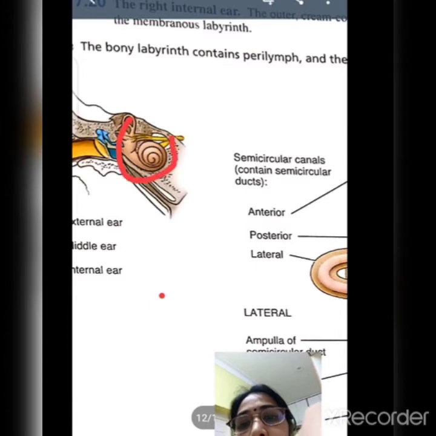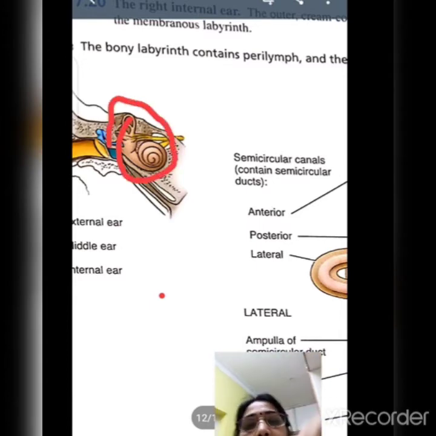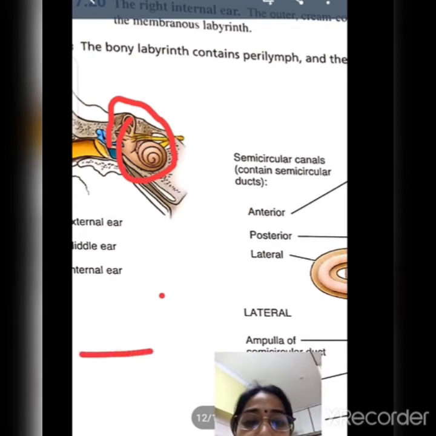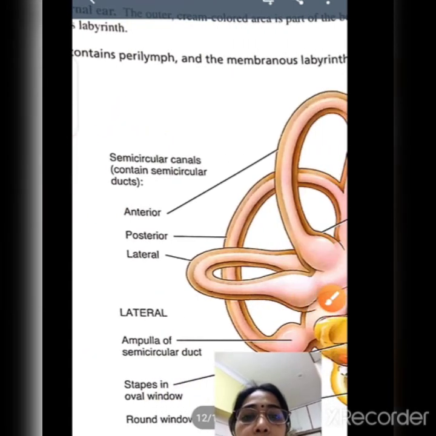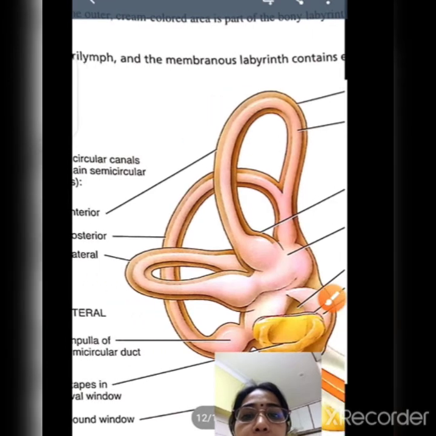This is the internal ear. Okay, this is the internal ear. We study it in detail here.